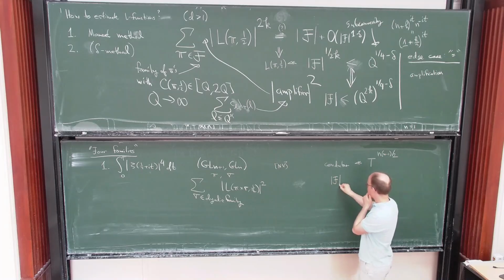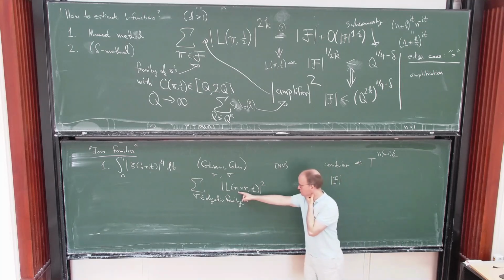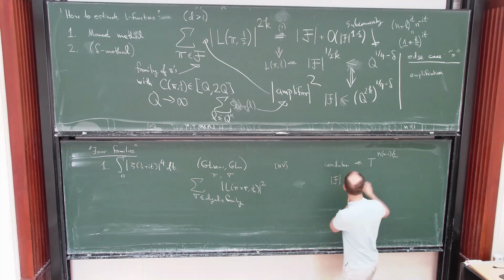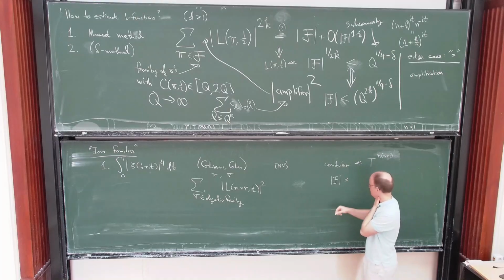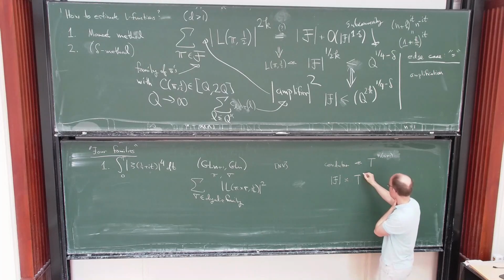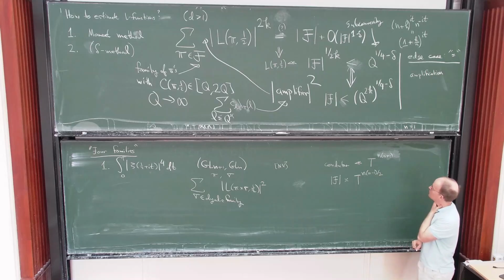And the family size will be, now the conductors here, doing it the other way around, will be n times n plus 1. The size of the dyadic family on GL(n) is t to the n times n minus 1 over 2.